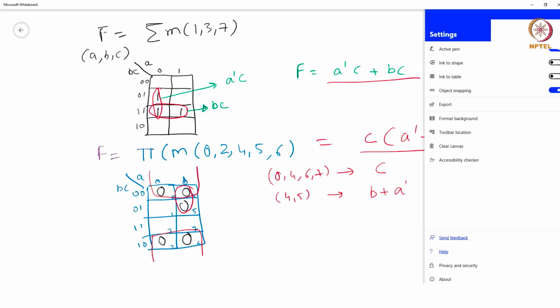So let us try out one more example. Let us say we wanted to minimize something with 4 variables, and let us say it also has these don't care conditions. So we use something which will have don't care conditions also.